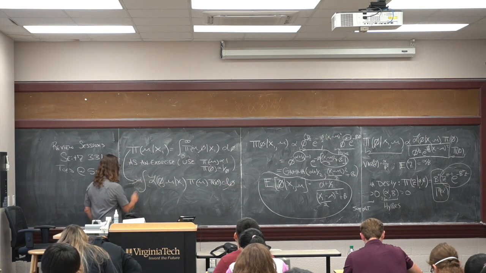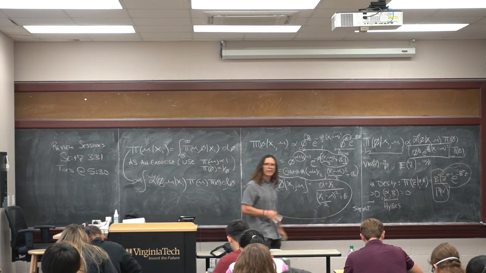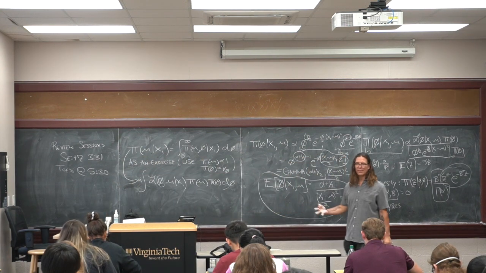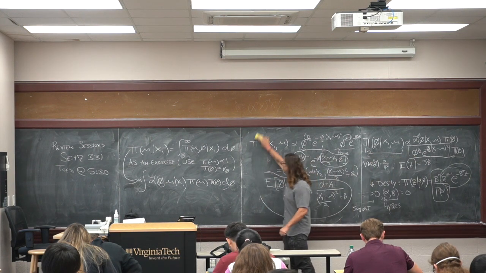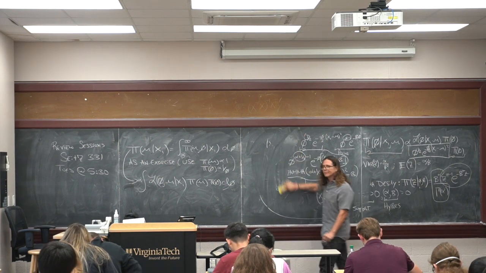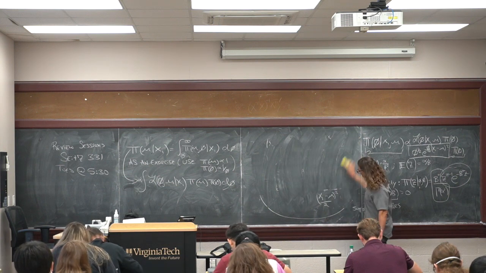I'm going to make this proportional. I haven't normalized it at all, but I'm going to try to recognize the resulting distribution and then figure out what its parameters are. It probably has something to do with a t. So knowing what a t looks like is kind of critical.